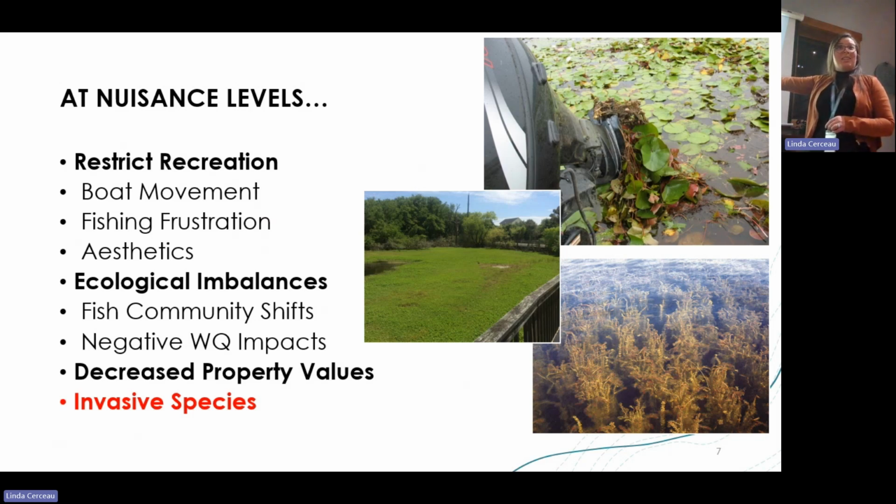If someone didn't know and tried to walk on that, they'd fall right in. Nuisance levels of aquatic plants can also cause safety issues. In the past there have been potential drownings, so management of this is important.